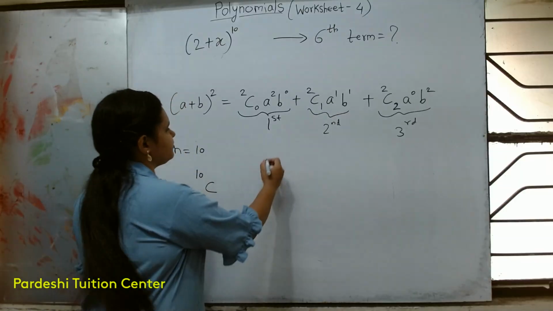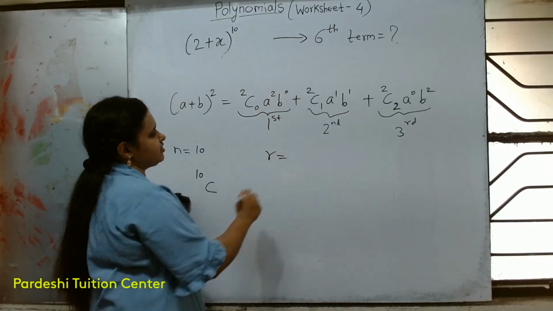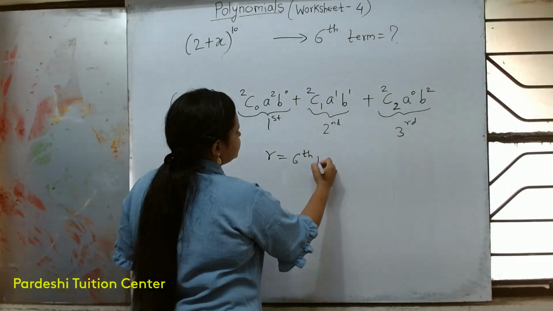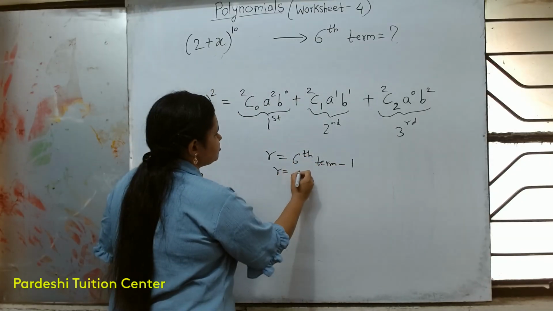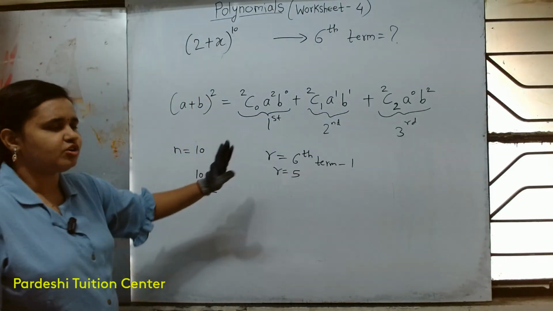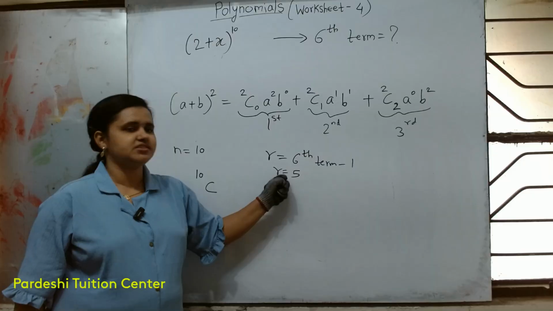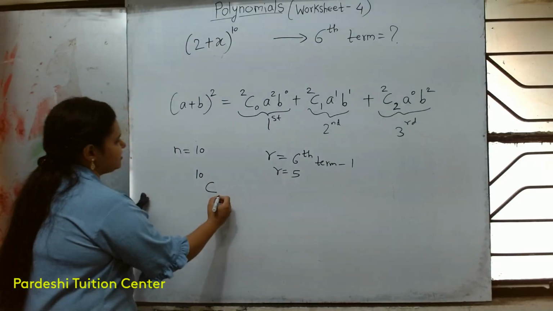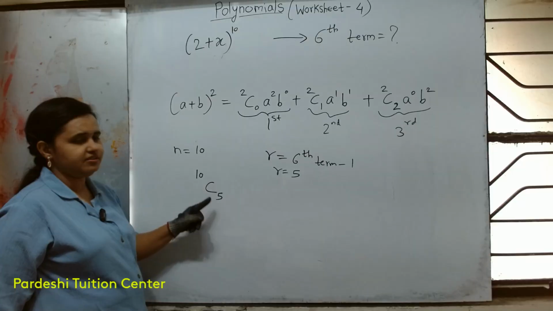So r is equal to term minus 1. We have to find the sixth term, so r is equal to sixth term minus 1. So r will be equal to 5. Okay. r is always term minus 1. So sixth term minus 1 is our r. So I can write nCr, that is 10C5.